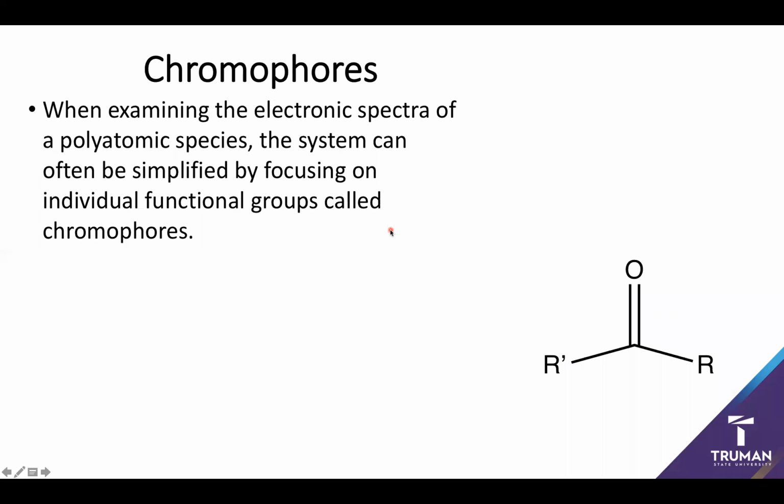So most of the time, what we're going to do is look at particular chromophores. These are going to be parts of a polyatomic species that tend to best absorb light. A lot of these times we're going to be looking at specific functional groups, taking a look at some of the more classic functional groups, what MO transitions they have, and where we'd expect them to occur.